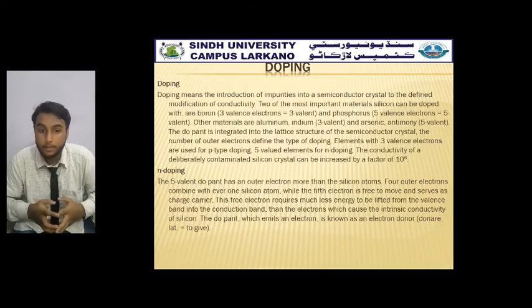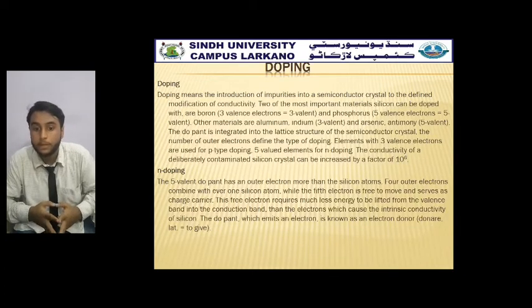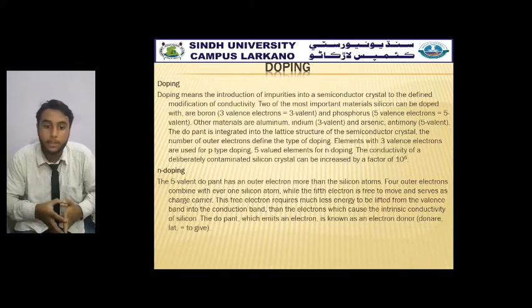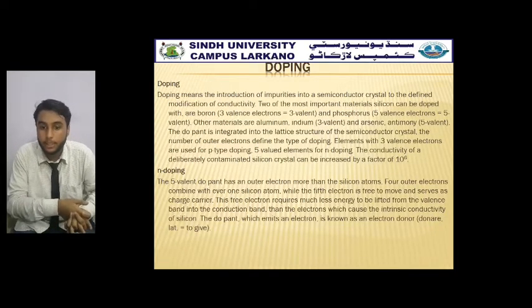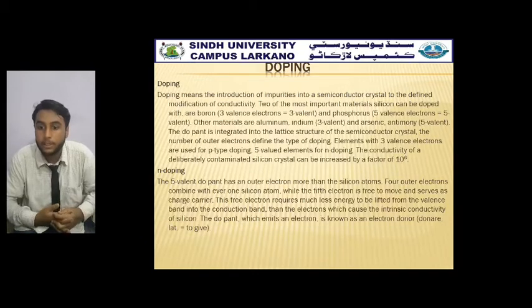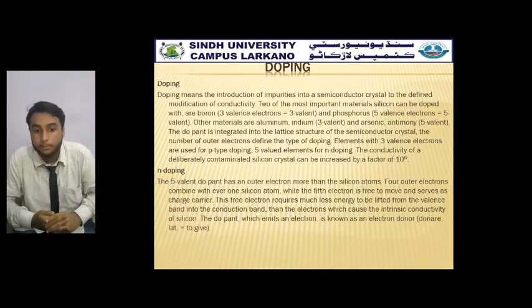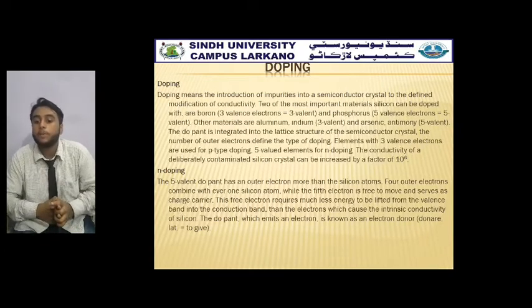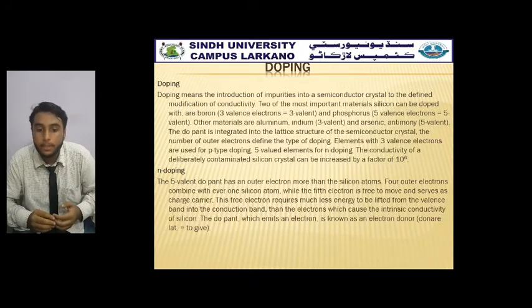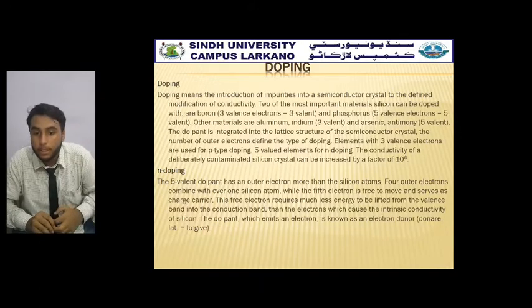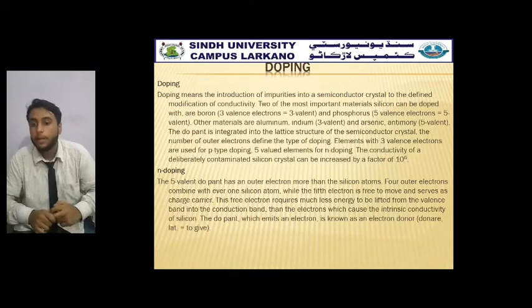Elements with 3 valence electrons are used for p-type doping, and 5-valent elements for n-type doping, and the conductivity of the doped silicon crystal can be increased by factors of 10. N-doping: the 5-valent dopant has one outer electron more than a silicon atom. Four outer electrons combine with the silicon atoms, while the fifth electron is free to move.